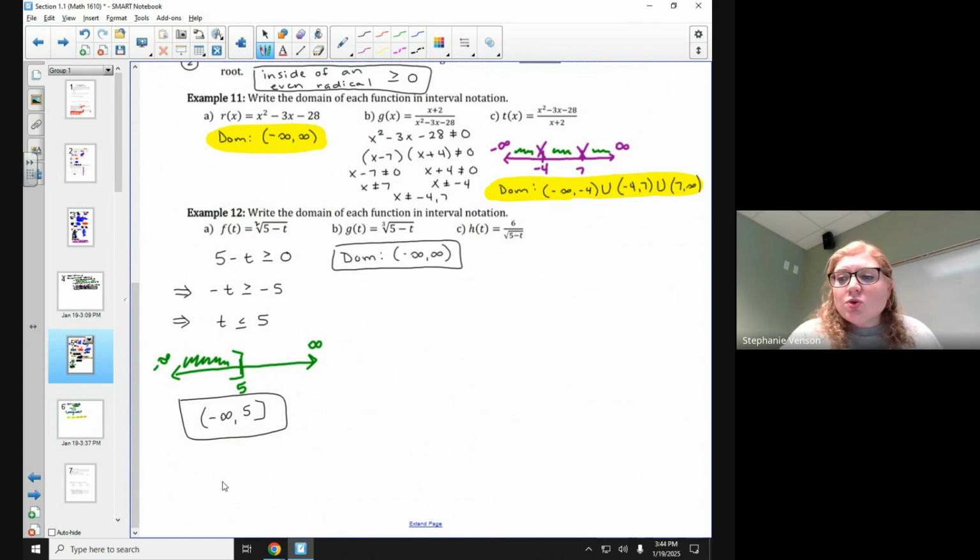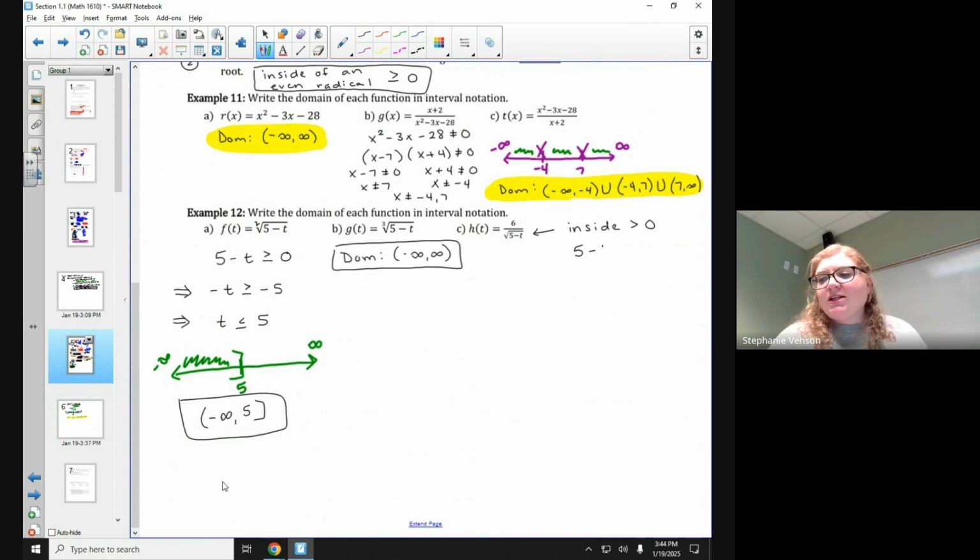So since the square root is in the denominator position here, we're going to say that the inside of the square root has to be greater than 0. We're not going to say greater than or equal to. We're going to say greater than 0 because the denominator can't be 0. So if the square root is in the denominator position, you're just going to do the inside greater than 0.